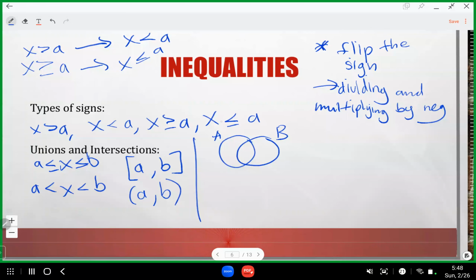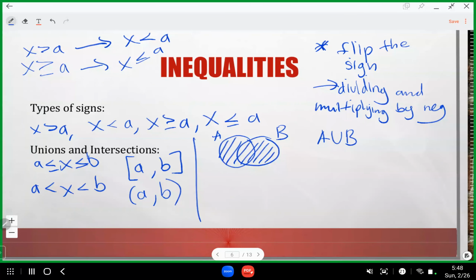So when you have A, for example, is a set of numbers, B is also a set of numbers. When it's A union B, it's basically just adding all those numbers together. So everything is fair game, right? All the numbers in B, all the numbers in A, whatever, it's all in A union B. You're just adding them together, right?